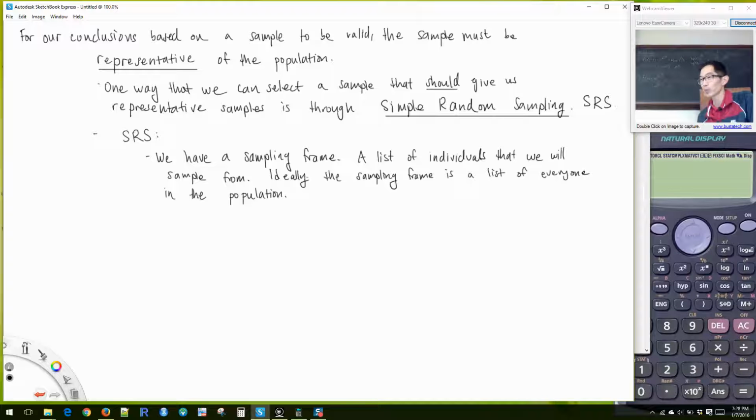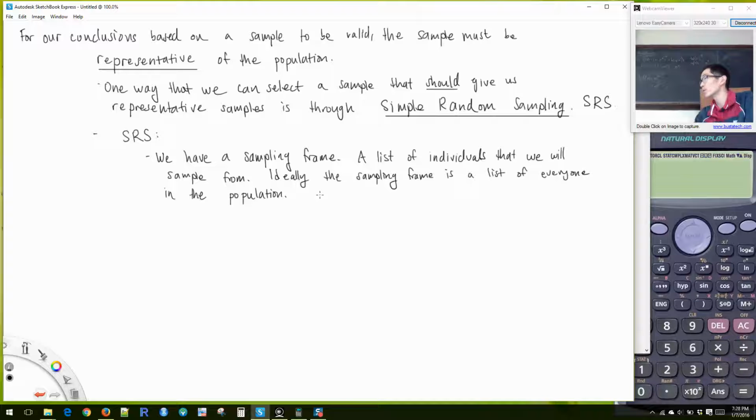Some people are hard to track down. Who counts as a resident? These are all tough things, and so a lot of times your sampling frame isn't a perfect list of everyone in the population, and so the quality of your sampling frame is going to affect the quality of your sample.